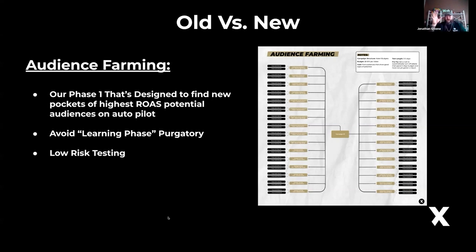A lot of you guys probably are running into what we call learning phase purgatory. It's because your accounts are set up in such a way that you can't really effectively exit the learning phase and allow the algorithm to do what it needs to do. So we're going to show you how to circumvent that. And not for nothing, you can do a lot of low risk testing with this setup. So that's what we're going to do here in phase 1.